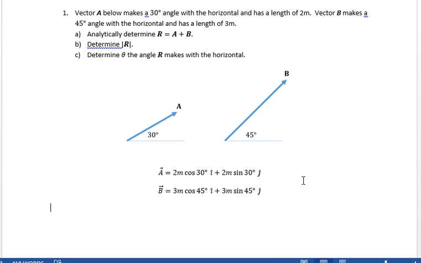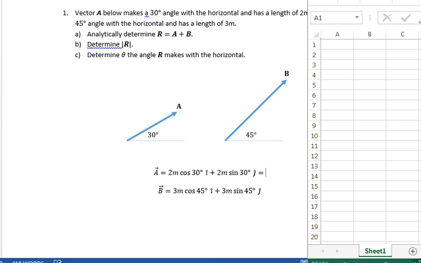So if you're going to add these up analytically, what you're doing is adding these two pieces that are in I and these two pieces that are in J. So you're adding up those two bits. Let's turn to Excel really quick and go ahead and get what these values are.